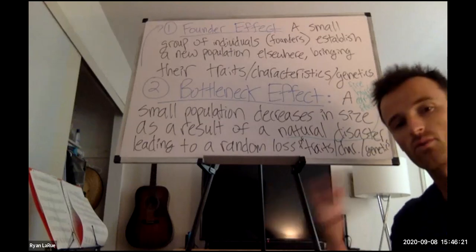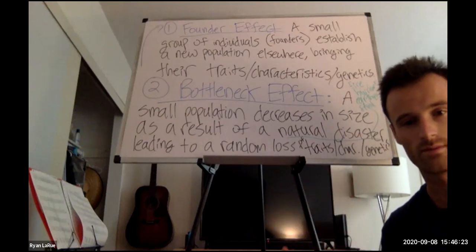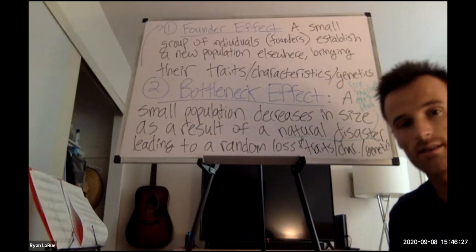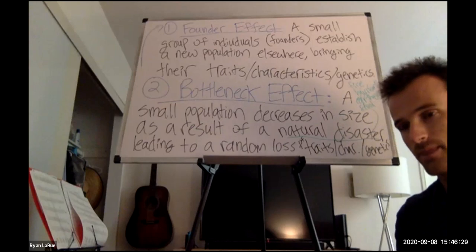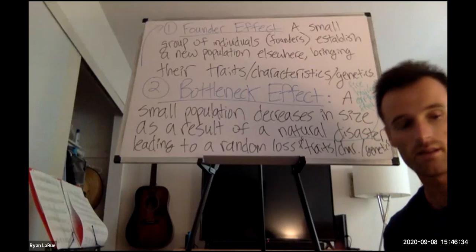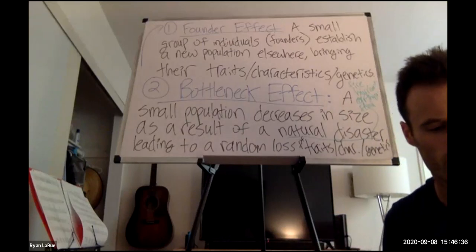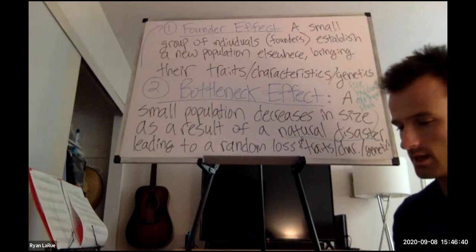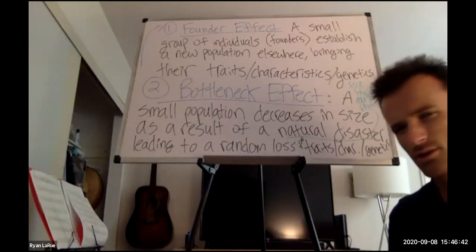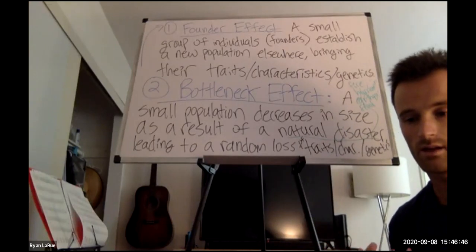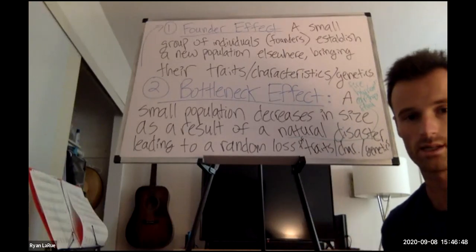So it leads to this random loss of your adaptations. And oftentimes a bottleneck can leave that population less adapted, less fit. I didn't really mention the term fitness, evolutionary fitness, but all it means is a measure of how capable an organism is to survive.